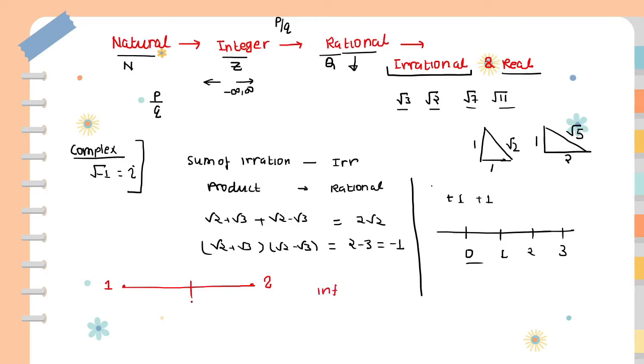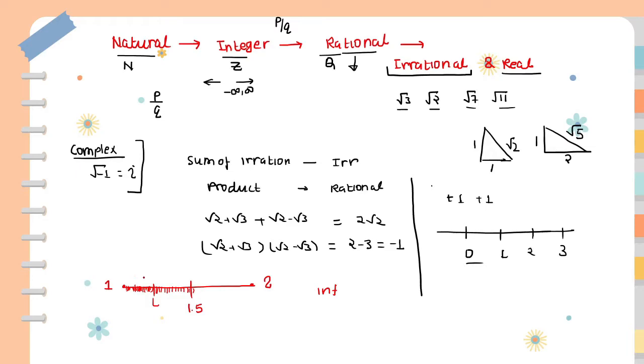First we add these two, 1 plus 2 divided by 2, that will give 1.5. Then we will divide again, so it will give the middle point between 1 and 1.5. Then we will divide 1 and this middle point, and so on. So this will give infinite numbers.